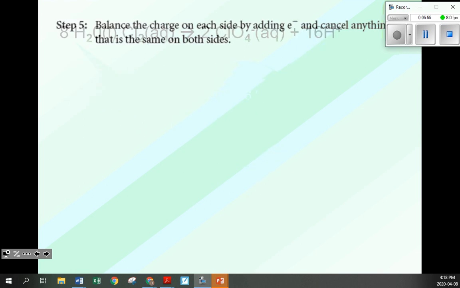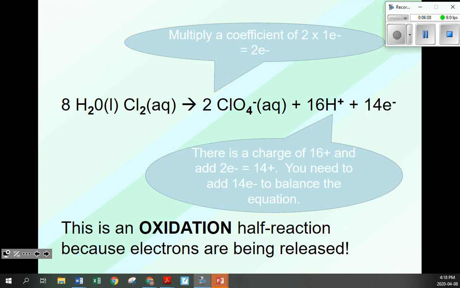Moving on. Balance the charge on each side by adding electrons. Remember, that's all you can do. You can add electrons. You can't take away electrons. You cannot add protons. You can only add electrons. Keeping that in mind, there are 2 electrons here, or a charge of 2, I should say. A charge of 2. Here I have a charge of 16 plus. 16 plus a negative 2 is going to give me 14 plus.